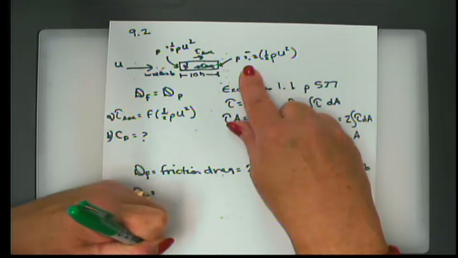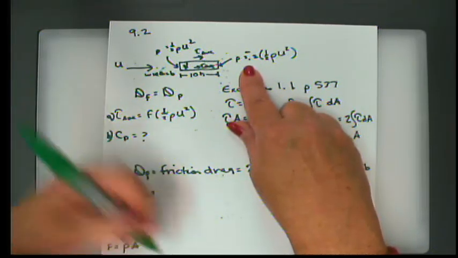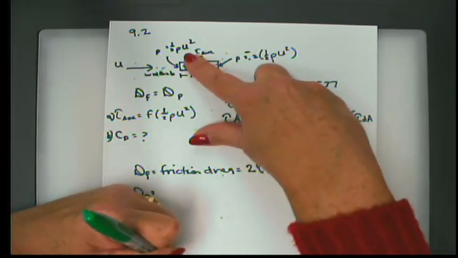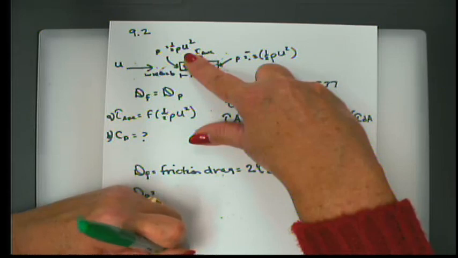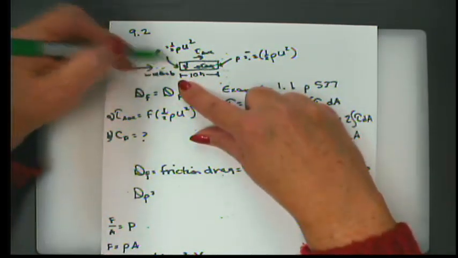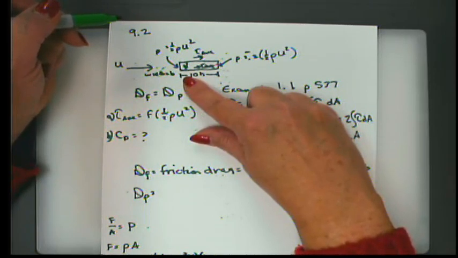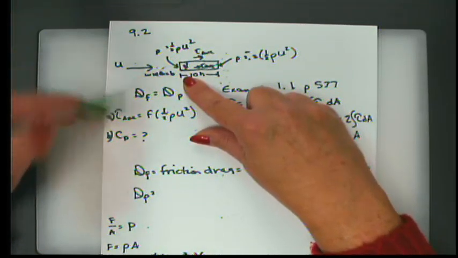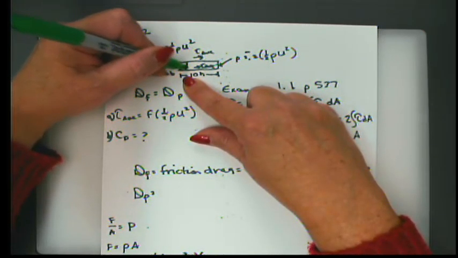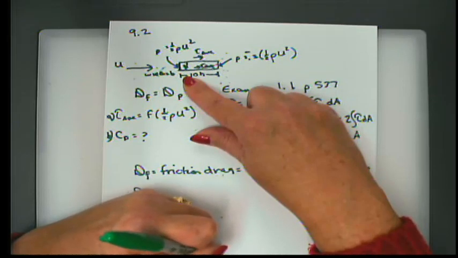Actually, it's a force, because if I multiply by area, I'm talking about the force. So the force on the leading edge would be this times the area, which this time is b times h, because the area has b going back into the board and h here.